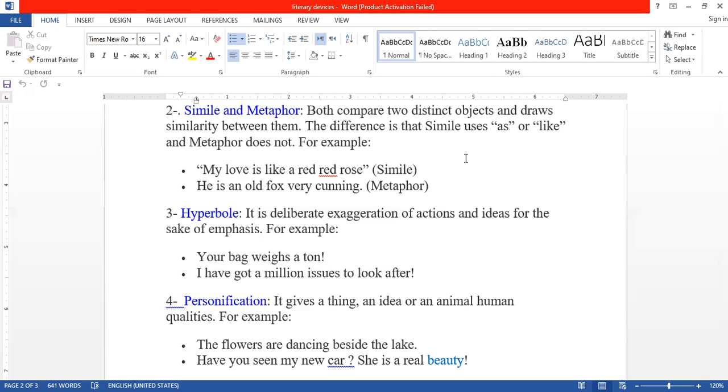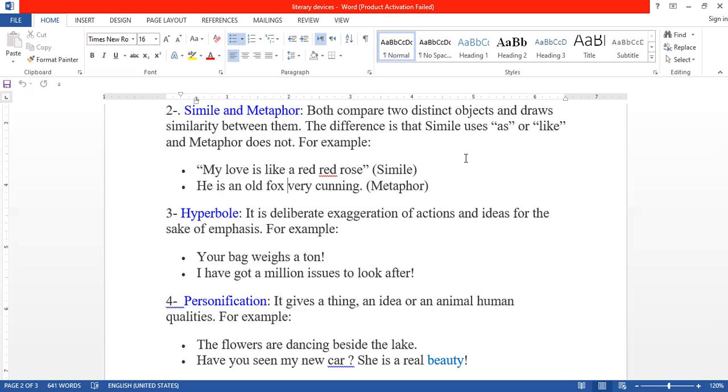So when you want to describe someone who is very cunning, you will say he is an old fox, very cunning. So I'm comparing a person, a man or a woman or whoever, with an old fox. But I don't use as or like here, as you can see.